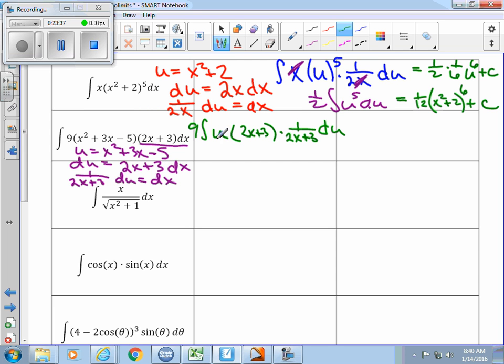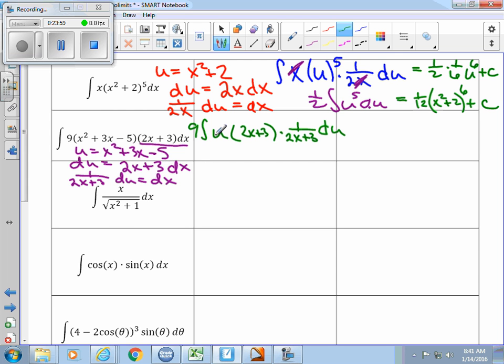So that u is this part. This part I haven't done anything with yet, so it still exists. And then the dx is 1 over 2x plus 3 du. So I replace dx with 1 over 2x plus 3.